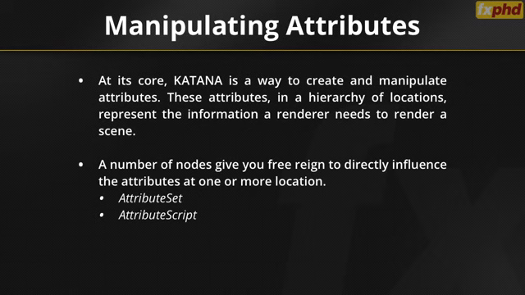So almost all the nodes can be manipulated in some way or another via the attributes or other methods. And if you want to, you can basically directly influence the attributes of one or more locations using various attributes, scripts or sets, which again give much more flexibility, but again are going to a greater level of complexity, and something that we probably won't be getting into in this particular course.